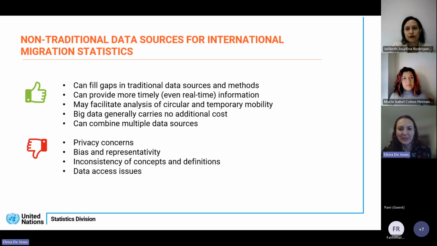Thank you very much for your question. I don't know, Maria Isabel, do you want to jump in? Yes, thank you, Villasa, for the question. It's not that common that we have different numbers from censuses compared to surveys. It happens more with register based sources.